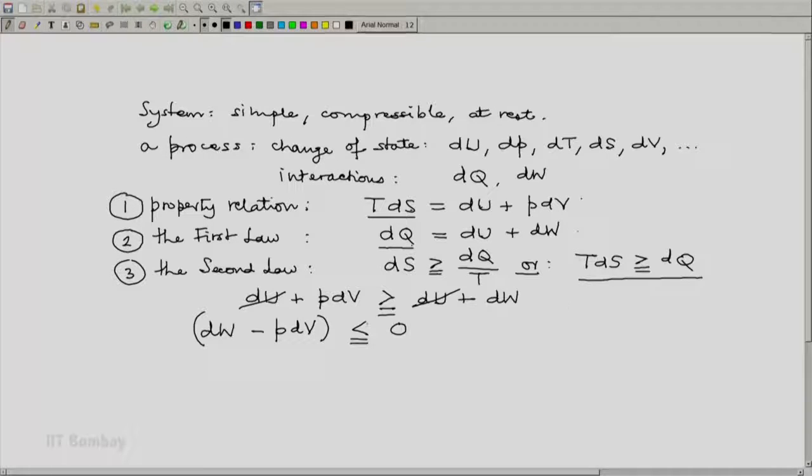What does this mean? PdV for our simple compressible system is the two-way mode of work, and that is all we have. It is a simple system, so only one two-way mode of work. This is two-way plus any one-way mode of work, and that means these two together, dW minus PdV, give us the one-way mode of work.